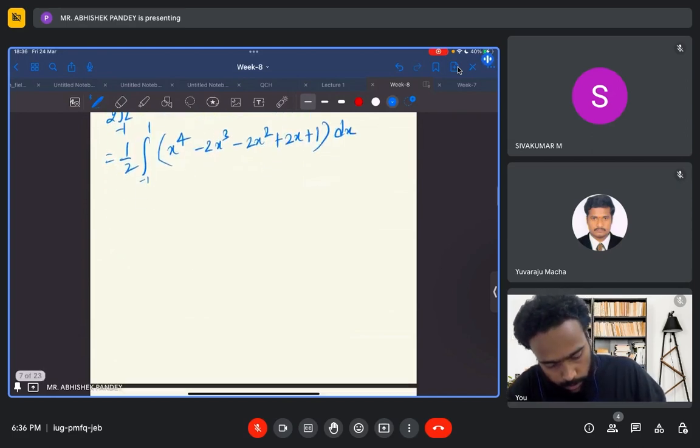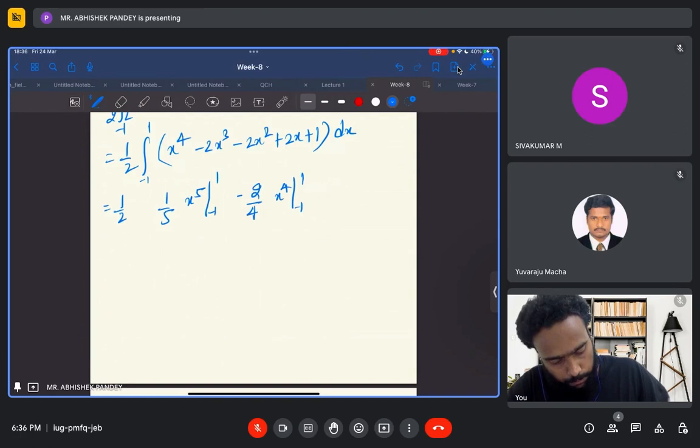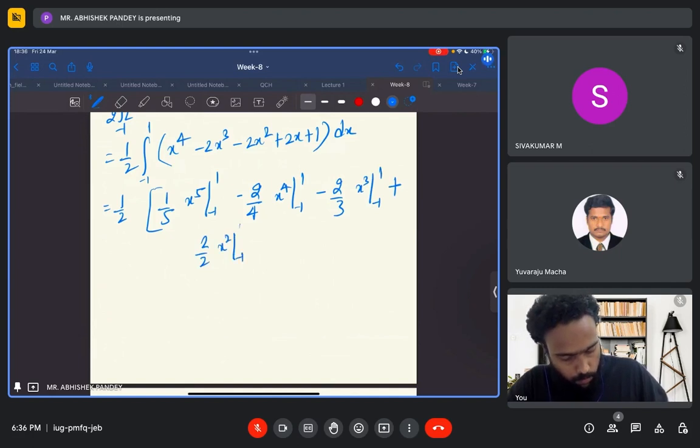So this you will get 1 by 2. This is 1 by 5 x to the power 5, limit from minus 1 to 1, minus 2 by 4 x to the power 4, limit minus 1 to 1, minus 2 by 3 x cube, limit minus 1 to 1, plus 2 by 2 x square, limit minus 1 to 1, plus x, limit minus 1 to 1.